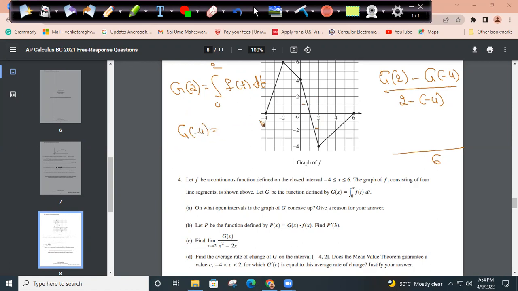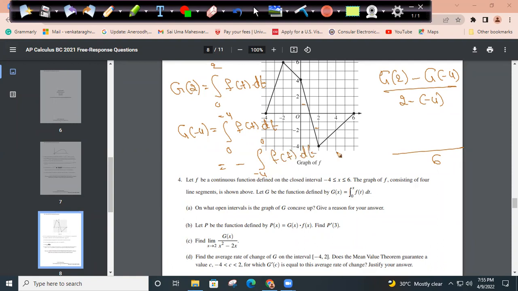G of -4 is the integral of 0 to -4 f of t dt, which is the same as minus the integral of -4 to 0 f of t dt.